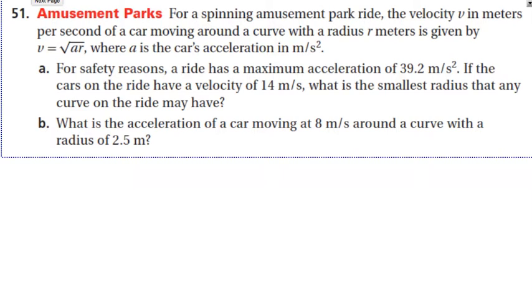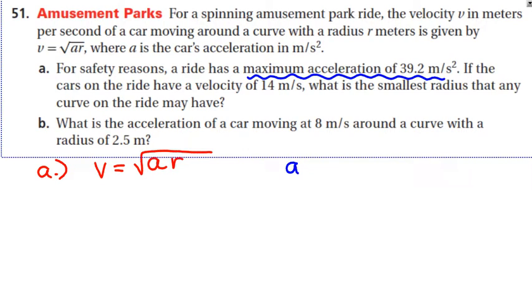All right, so we're working with a velocity equaling the square root of A times R, where A represents the acceleration of the car, and R represents the radius of the curve. For the given information, they identify the maximum acceleration of 39.2 meters per second.